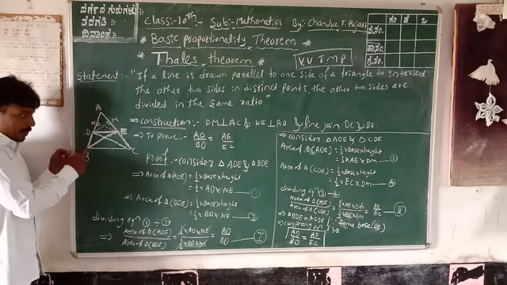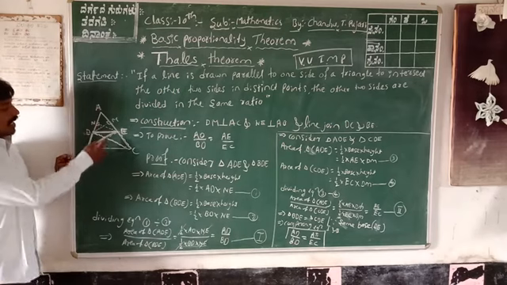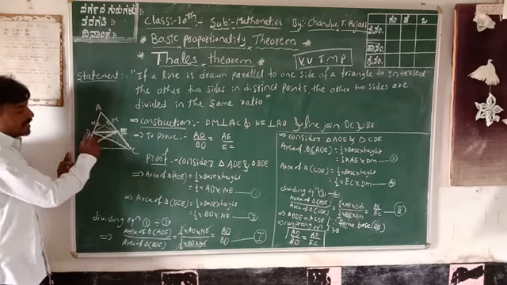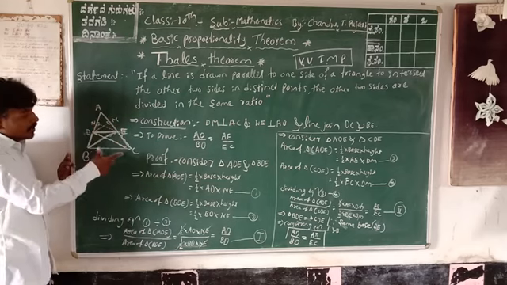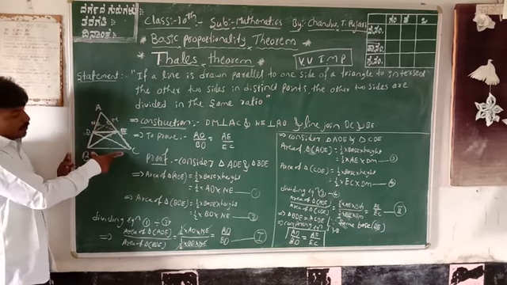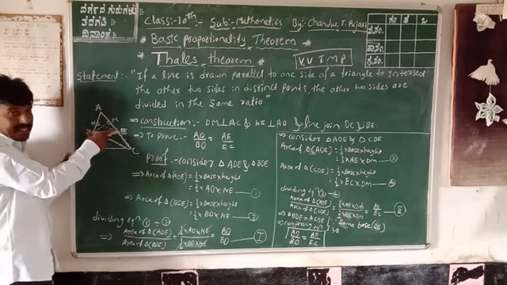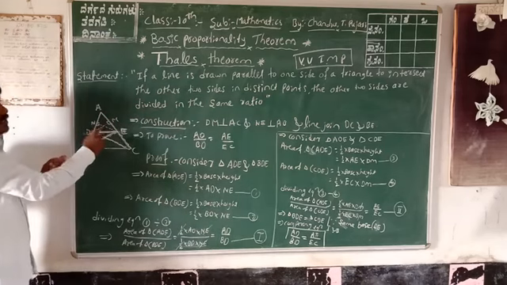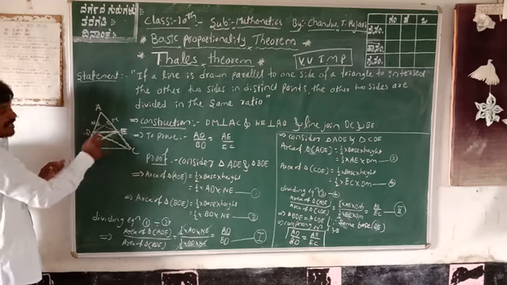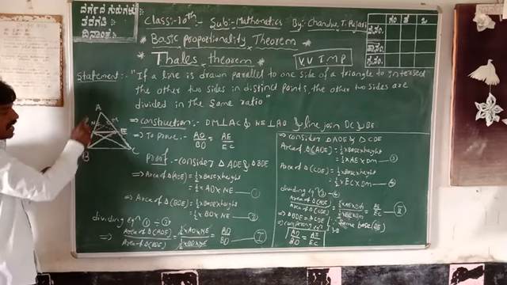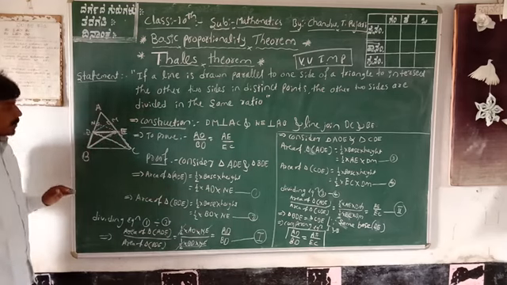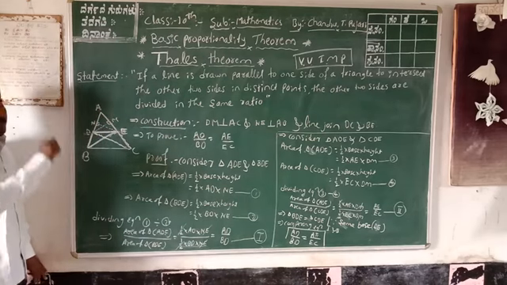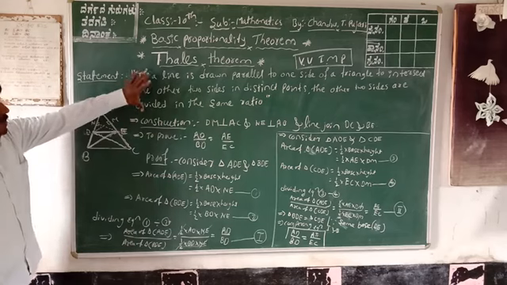In triangle ABC, a line DE is drawn parallel to BC, intersecting the two sides AB and AC at two points. Therefore, these two sides are divided in the same ratio. The statement is over.